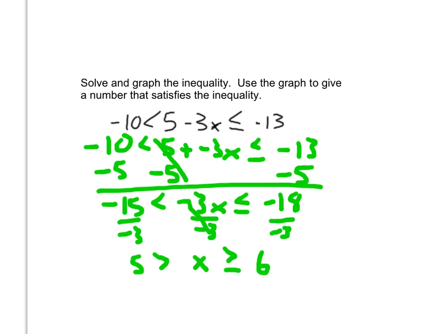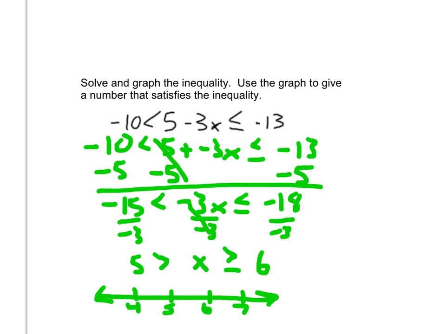So, now we need to graph it. Oh, we got 5 and 6, so that should be pretty easy. So we'll just go 4, 5, 6, and 7.